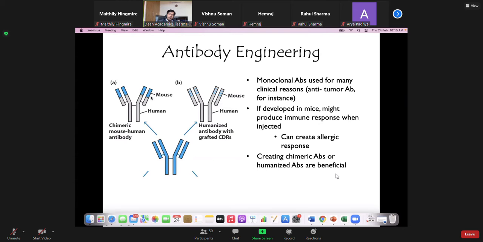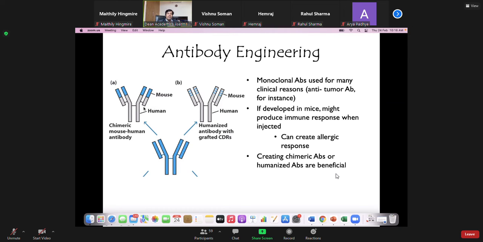Whatever is present here, these are more or less idiotypic determinants. Very low immunogenicity is associated with the variable region of the antibody molecule constituted by both heavy and light chains, right? So rather than injecting the original antibody for therapy, if you inject this, it will be better tolerated, right?